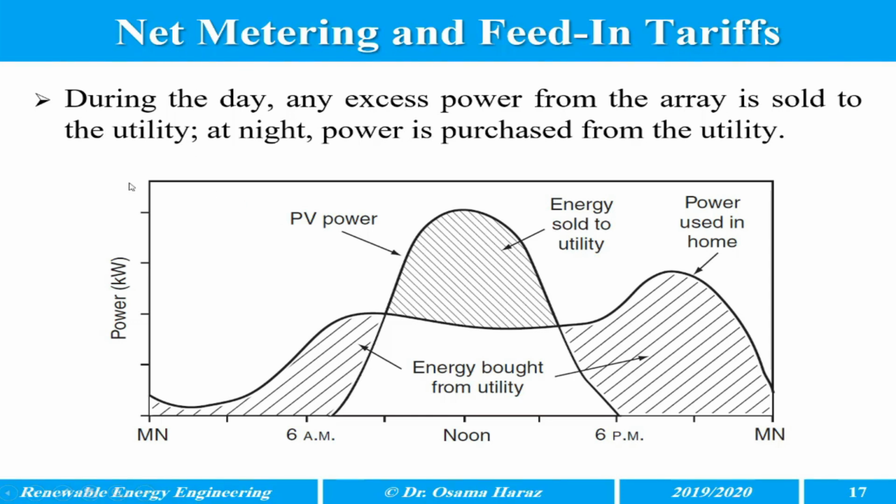Suppose that this is your day, starting from the morning, noon, afternoon, evening, and this is the distribution of the PV power generated by the photovoltaic system, which peaks during the noon, and this is your consumption of electricity during the whole day. If you have excess power from the array, you are going to sell this power to the utility, and at night you are going to purchase the power from the utility.